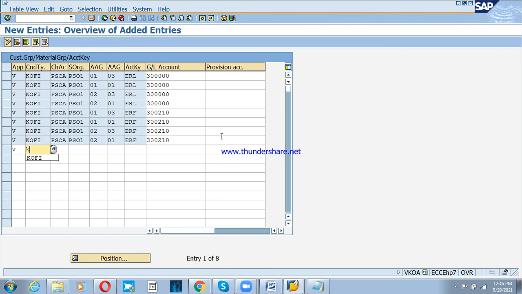In the same way, KOFI, PSCA, PS01, 0103 rebate, ERU stands for rebate, 300211.